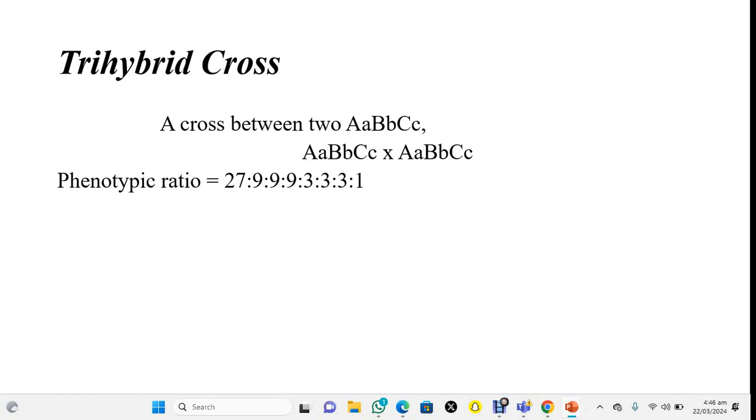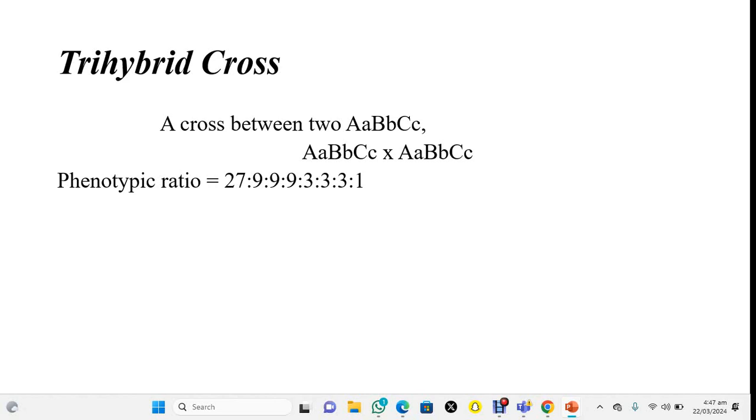So in that case, you're going to have to understand the numbers in the ratio. As we said earlier, the dihybrid cross was having 9 to 3 to 3 to 1. By this time, the trihybrid has 27 to 9, 9, 9 to 3, 3, 3 to 1. So this 27, now you have to listen very carefully.